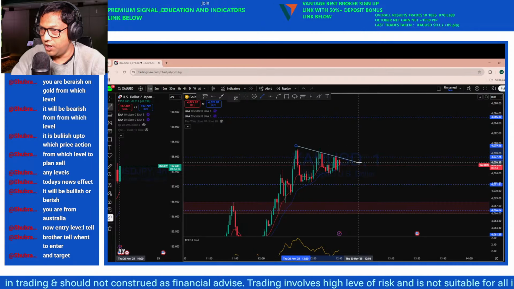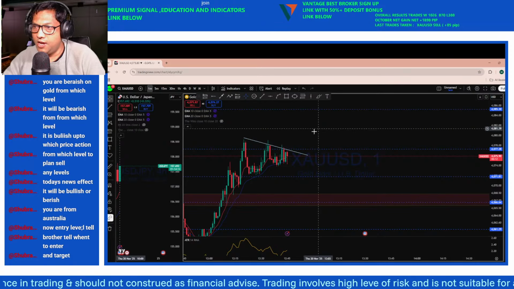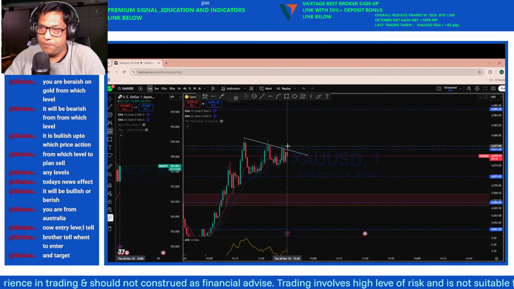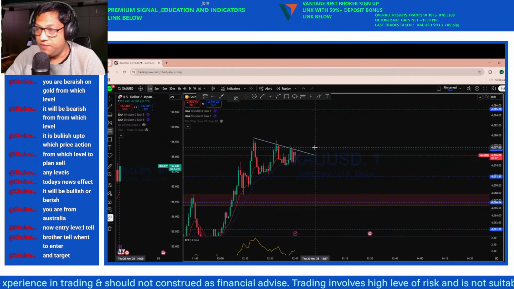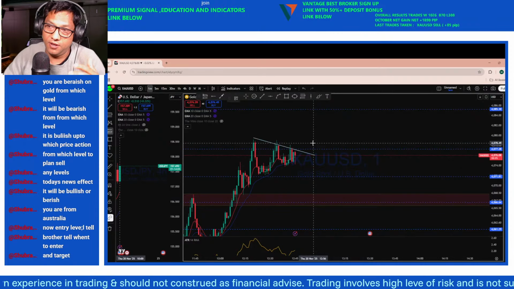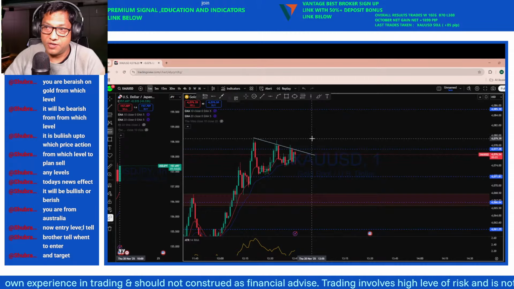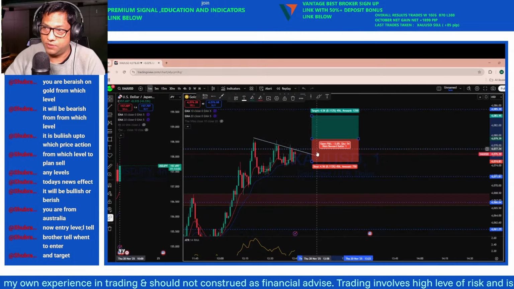We want to look at this trend line break, and we'll be placing a pending order here. We'll keep this pending order until the NFP, at least 10 minutes earlier. If it triggers. If it doesn't, we will be closing the pending order.